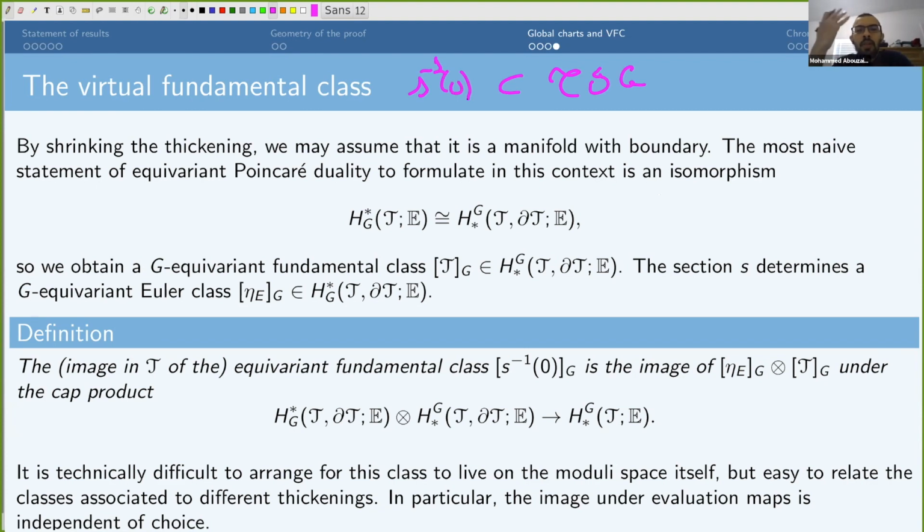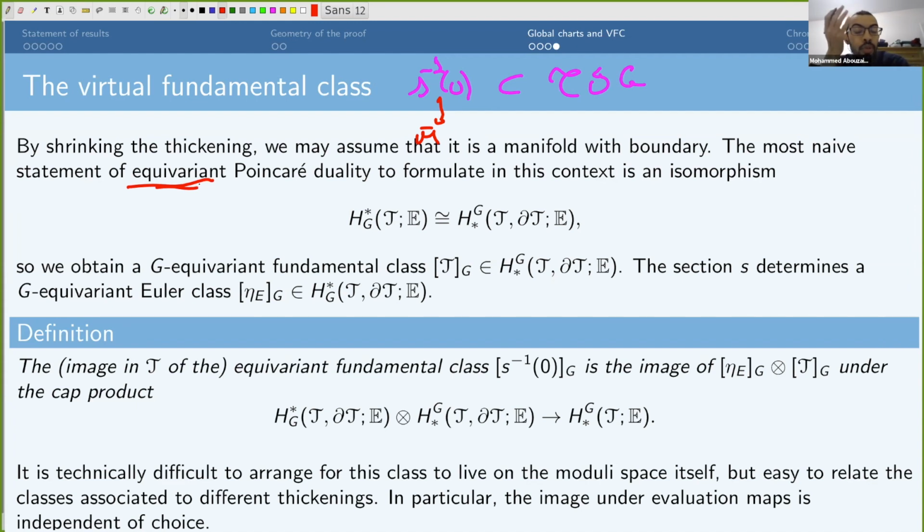What we want to do is use the thickening as a replacement for the moduli space itself. So instead of constructing a virtual fundamental class in the homology of the moduli space, I'm going to construct it in the homology of the thickening. But the thickening has this group action, so you want to construct it in the equivariant homology of the thickening.